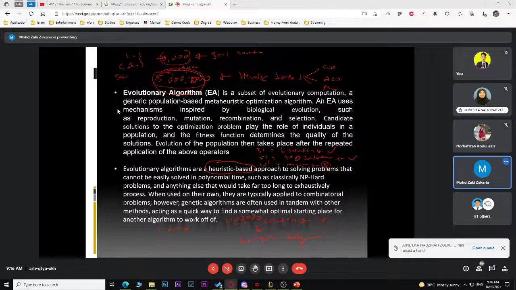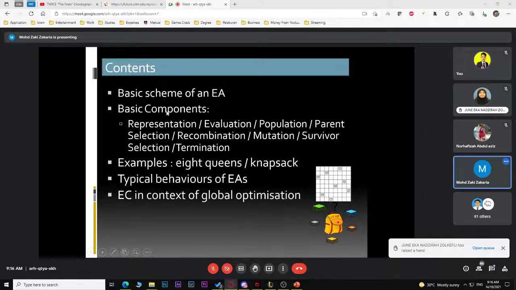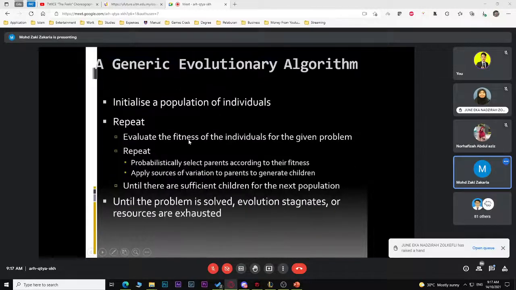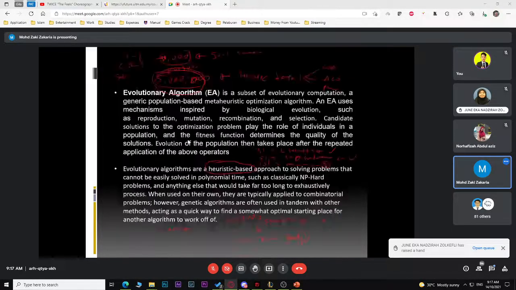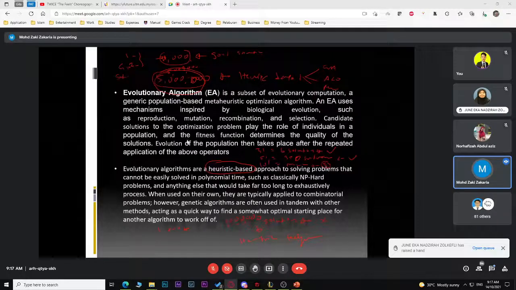Okay. So ada lagi soalan? And then apa lagi?